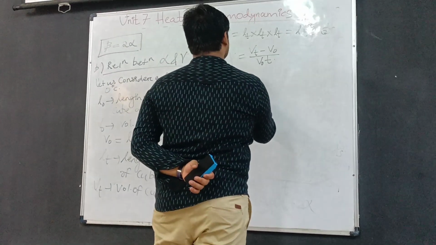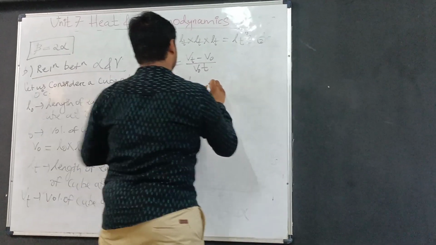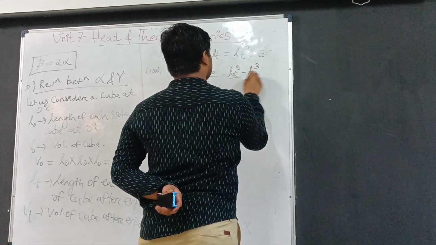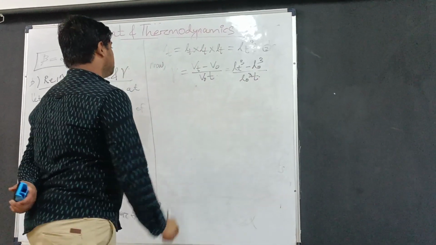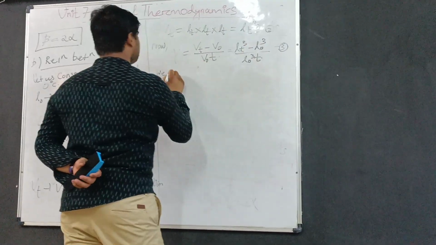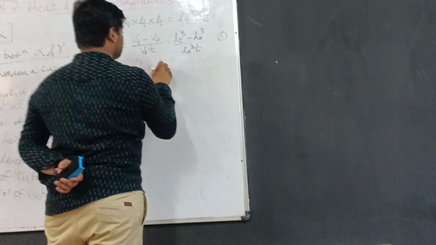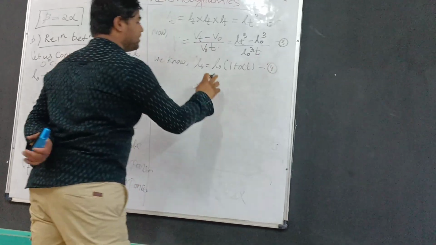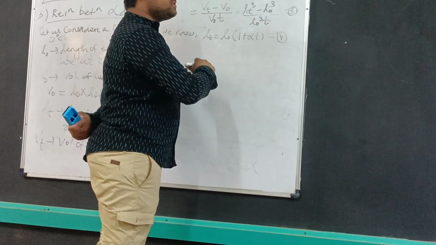So this will become Lt cube minus L0 cube divided by L0 cube into T. This is equation number 3. We know the value of Lt, which is L0 plus alpha T, which we have derived earlier. Now we substitute the value of Lt in equation number 3.